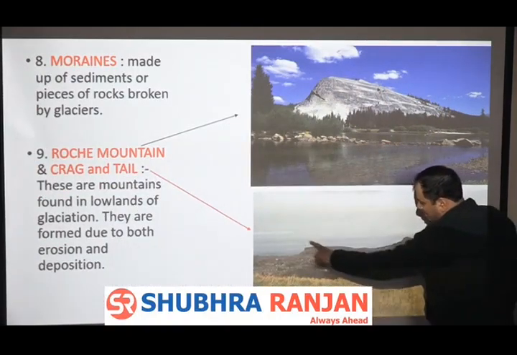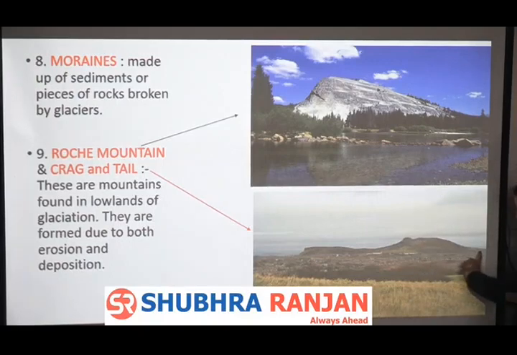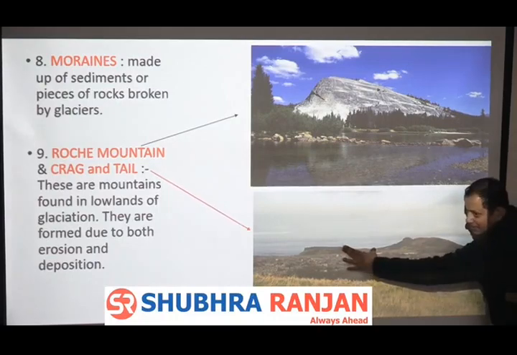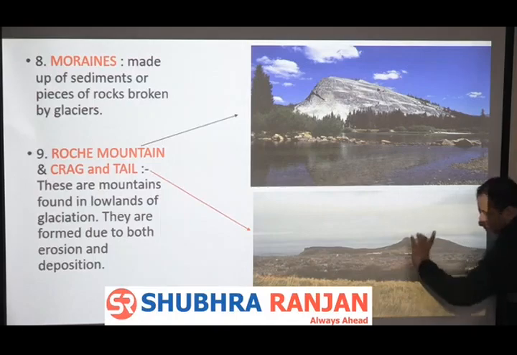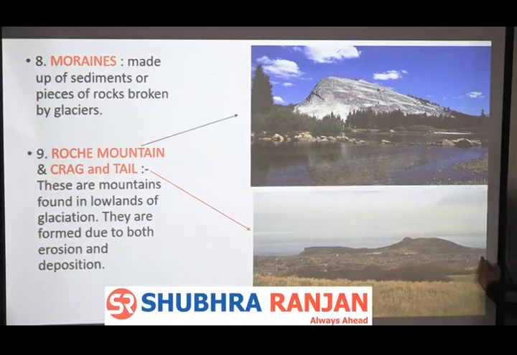And this is an example of a crag and tail. This is a crag and this is a tail. Understanding? And the rear part that I mentioned, it is formed due to deposition. So this, then crag and then tail.